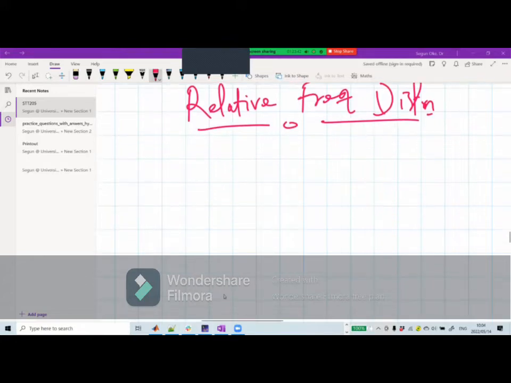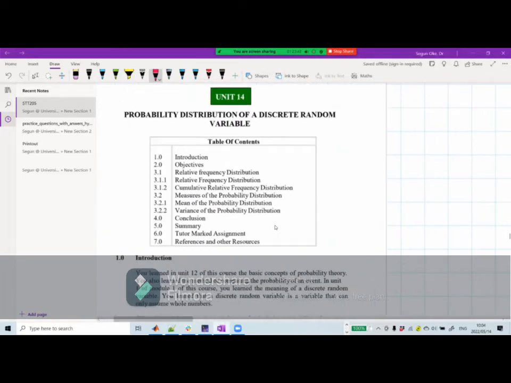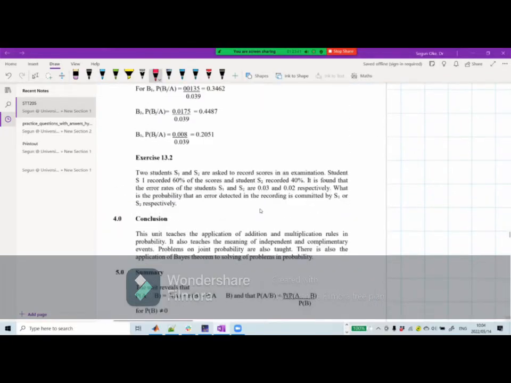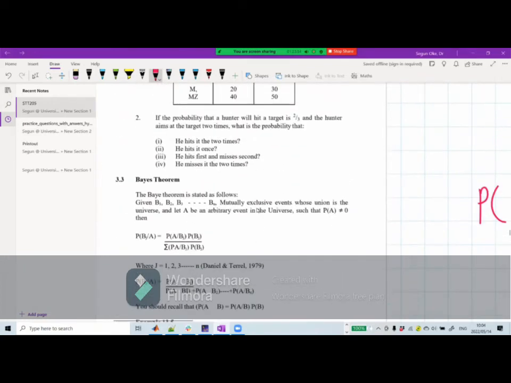Remember, I mentioned something initially. Let's look at this definition first. We're talking about mutually exclusive events whose union is the universal set. The Bayes' theorem has already been stated.